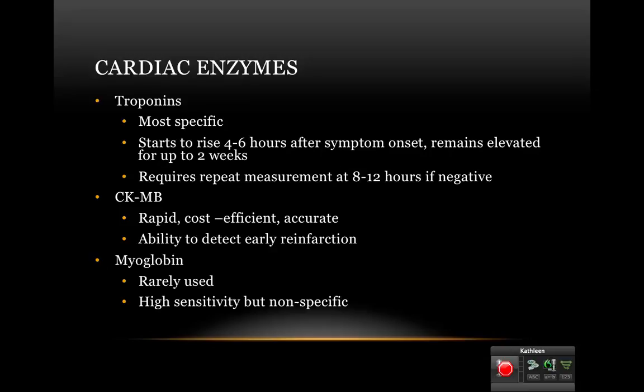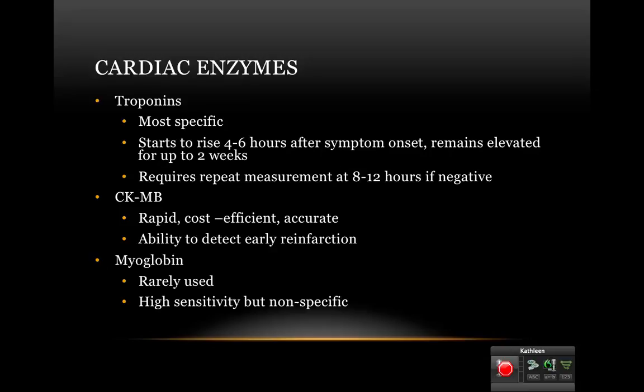Troponin has limited ability to detect a late minor reinfarction. There are multiple kinds of troponin, but only one is found in cardiac muscle. Troponins arise within a few hours of symptom onset and typically remain elevated for several days, but may remain elevated for up to 2 weeks when a patient is having a large infarction.